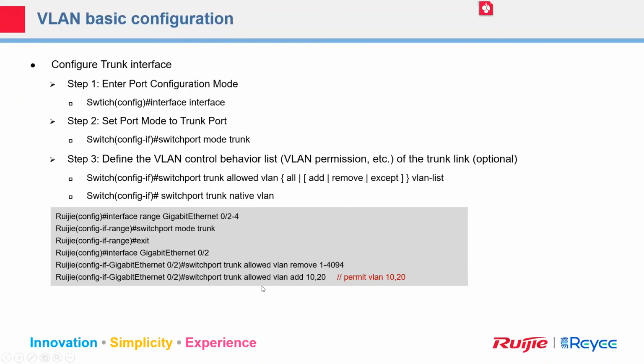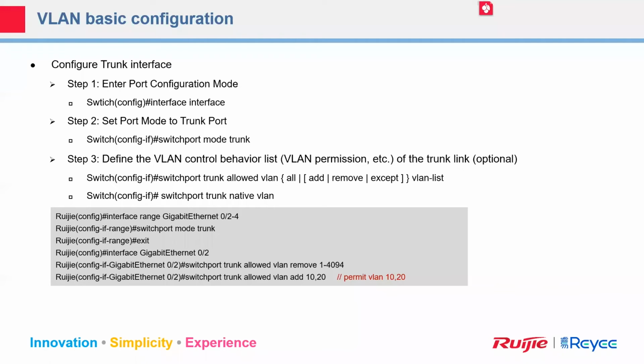And then you can add your service VLANs, for example, for the users, VLAN 10 and VLAN 20. So interface 2 only allows VLAN 10 and VLAN 20 to pass through. If you get some VLAN 30 packets, the packets cannot be forwarded out of interface 2.